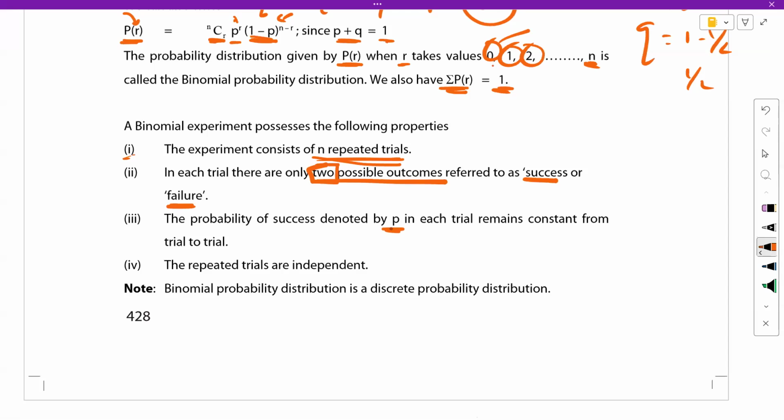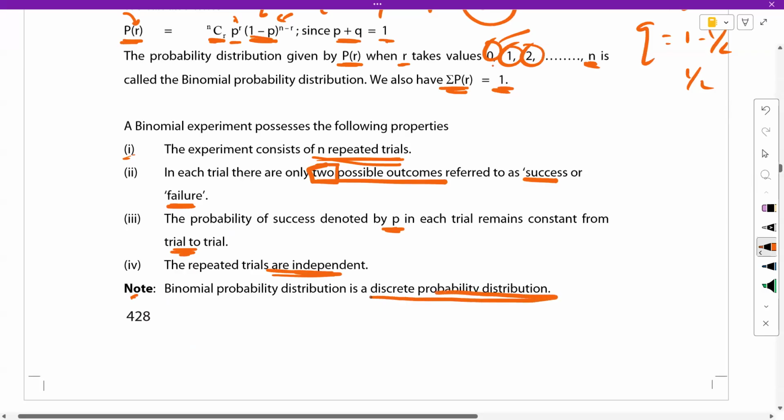This is very important: the probability remains constant from trial to trial. It does not change. The repeated trials are independent; the first outcome does not dominate the second outcome. Note that the binomial probability distribution is a discrete probability distribution. It takes only pre-specified values.